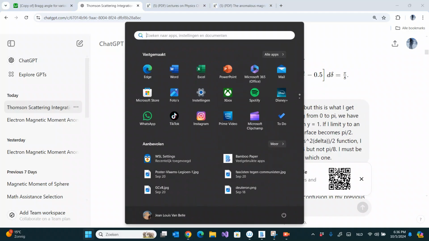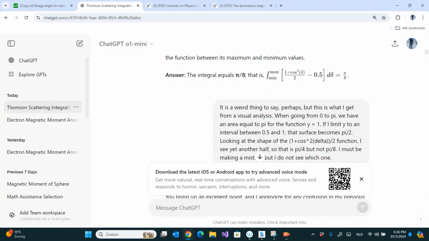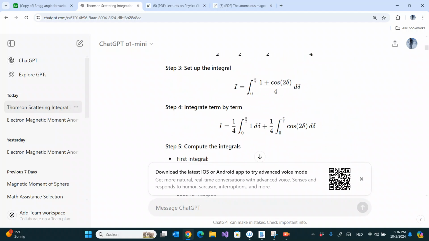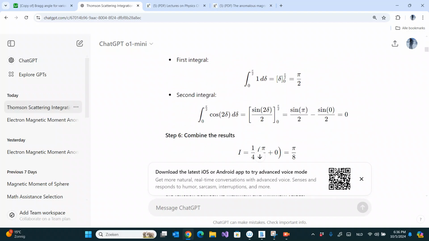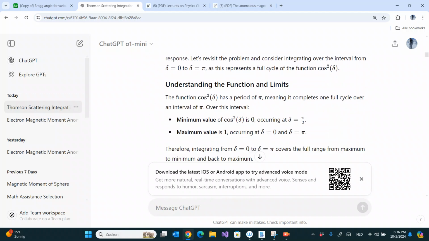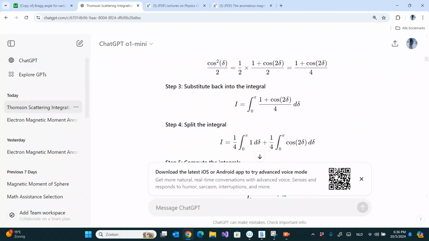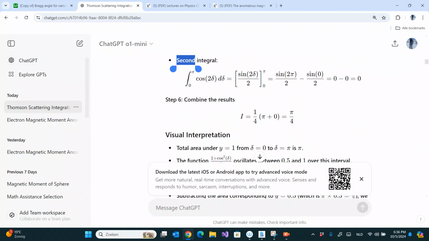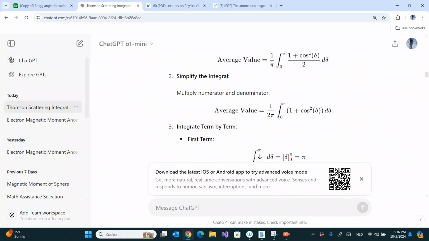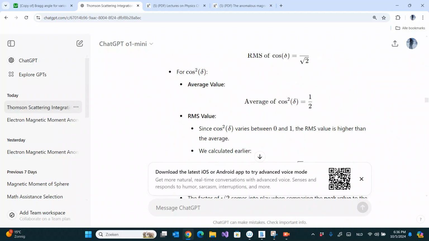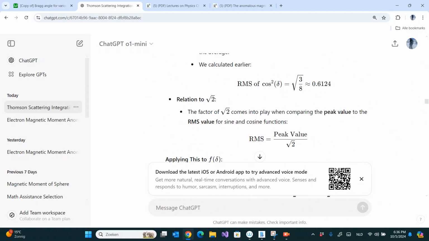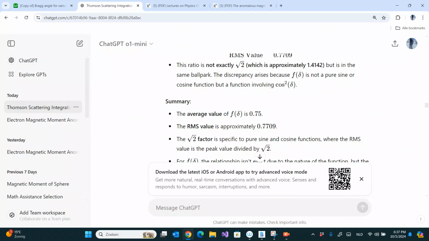Because if we fire photons into an electron, then we get this derivation of the cross section, and there are so many intricacies to it that it's not easy to make sense of it. So I would recommend you go through this public chat, which I'm a bit ashamed of because I'm asking very stupid questions to ChatGPT. But the answers it gives are very good.